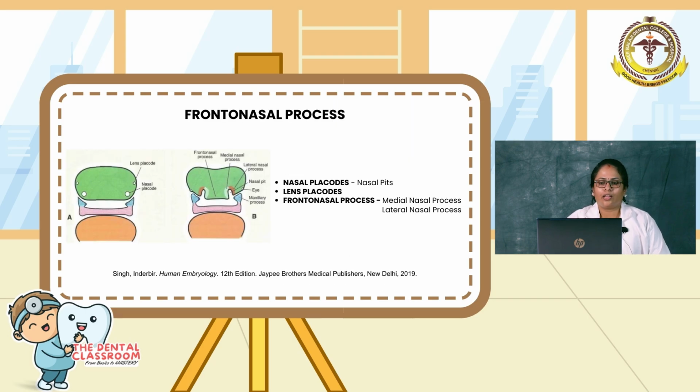In this slide you can see the frontonasal process, which gives rise to the upper part of the face and the nose. On the surface there are two small oval thickenings called the nasal placodes. These nasal placodes sink inwards and form a depression called the nasal pit.